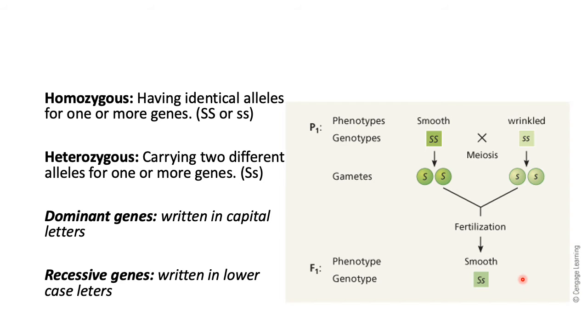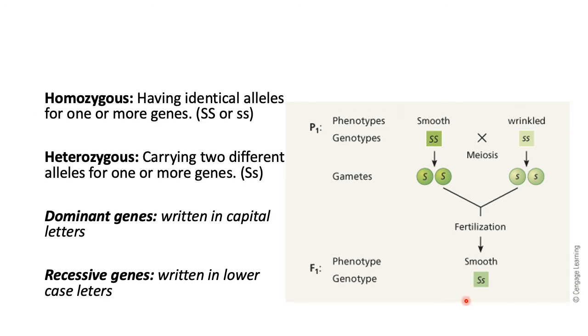Now, if these two plants were crossed, so let's say we cross a dominant homozygous plant with a recessive homozygous plant, then the F1 generation, the next generation, will have one capital S from, let's say, mom, and one small s, let's say, from dad.